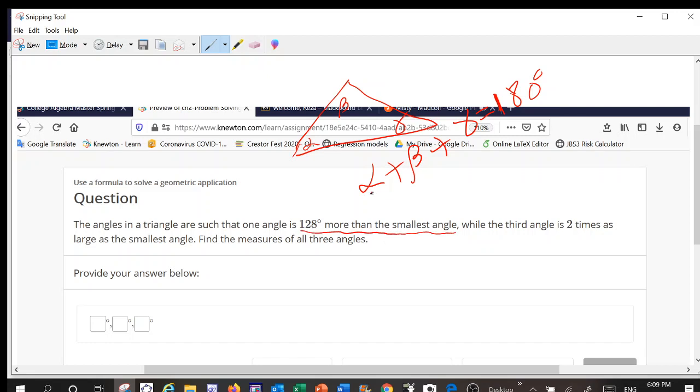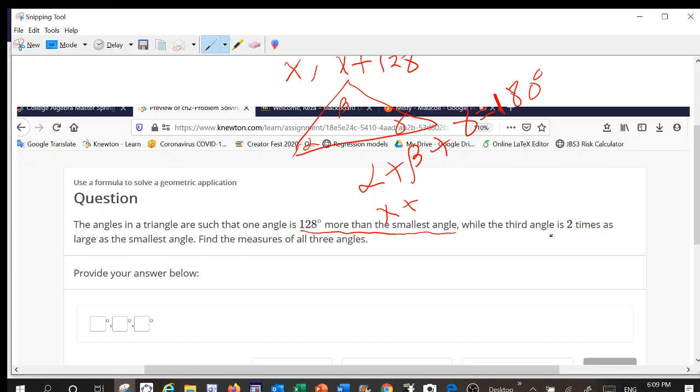Let's call alpha x, and let's call that the smallest angle. So here's the smallest angle, and the other one is x plus 128, which is more than the smallest angle.